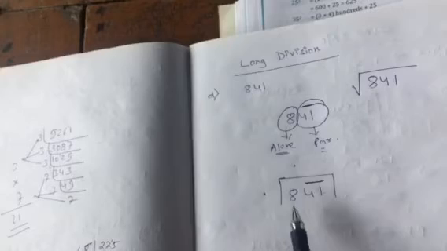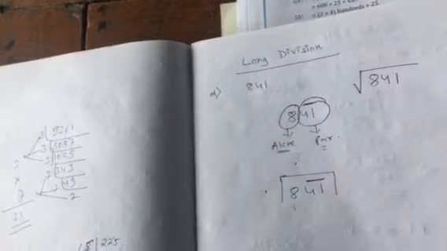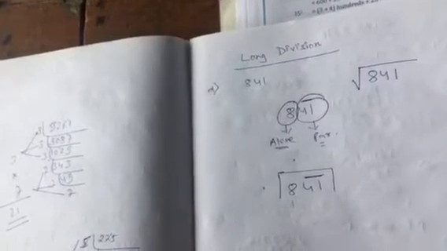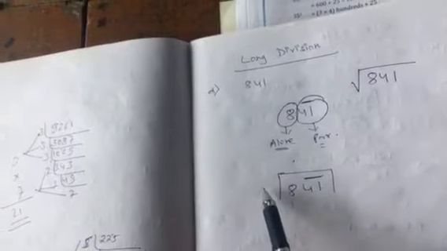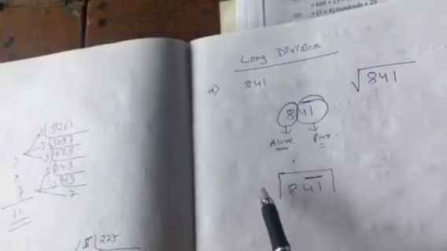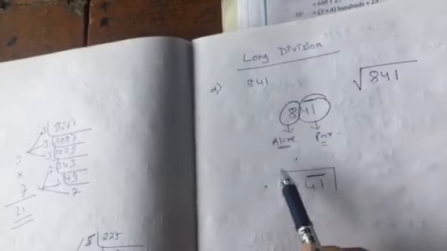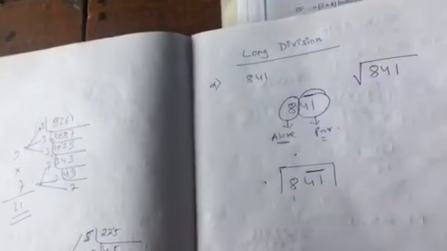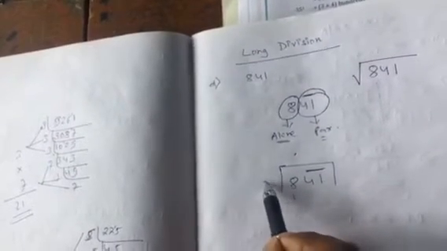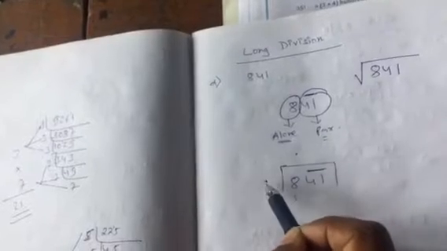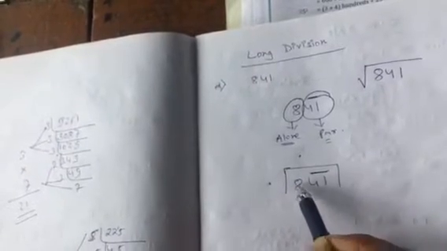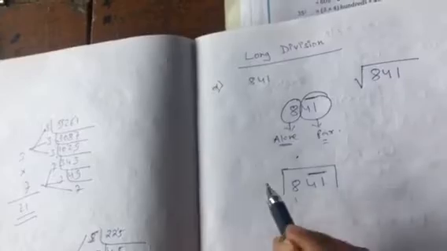Then it will be 1 ones are 1. However, it becomes too less. So let us try with the next number 2. If I write here 2, the divisor will be 2, the quotient also will be 2, then 2 2s are 4. Let us try the next number 3. If I write 3 here and 3 here, then 3 3s is 9, which becomes more than 8. So I will be going to 2.